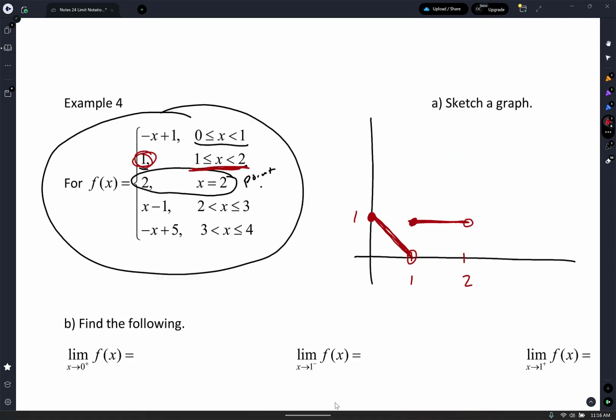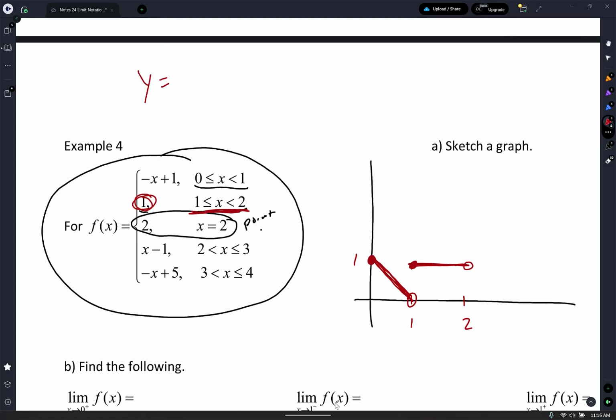Real quick. Y equals negative x plus 1. Does everyone know how that graph looks without a calculator? Oh, okay. No, it's okay. Without a calculator, guys, this one has a y-intercept of 1. This is a slope of negative 1. And this graph would look like this forever.